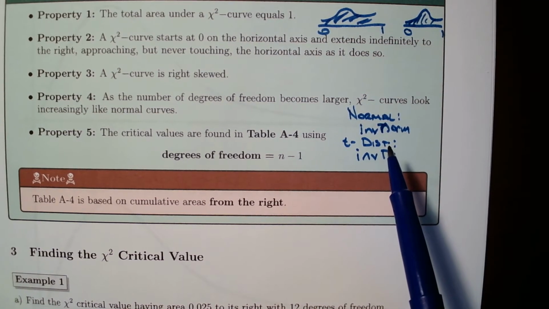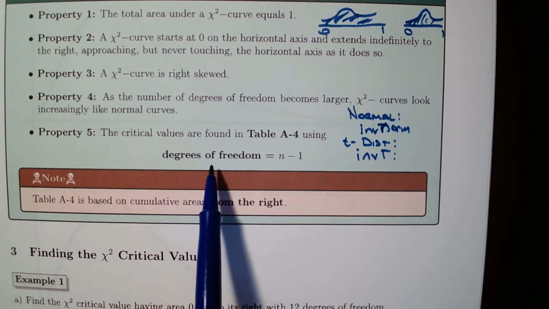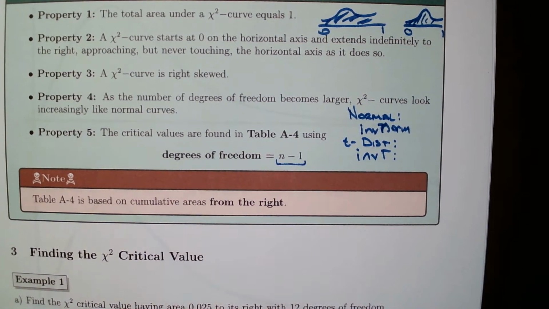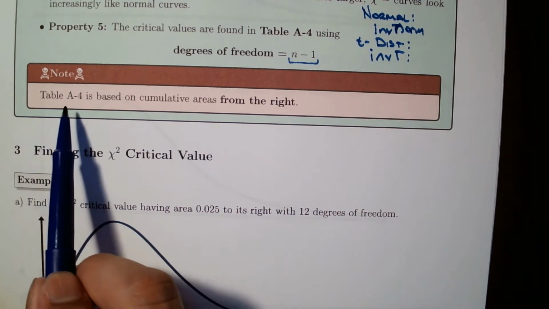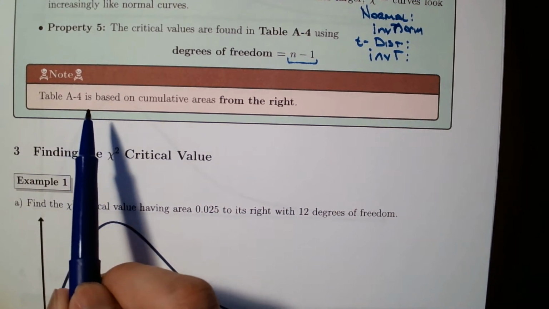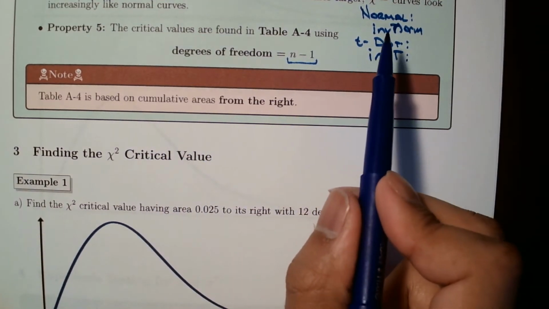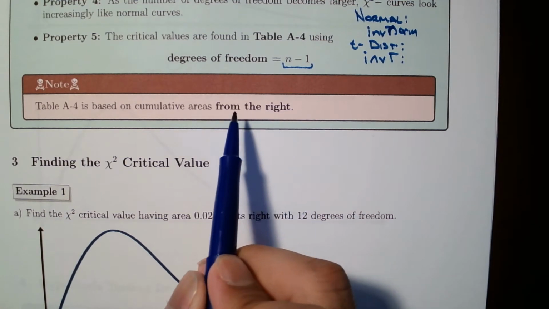So in this case, what we're going to use is a table of values, a table called A4, and the degrees of freedom is n-1, very similar to the degrees of freedom from the t-distribution. Now, a very important note: table A4, as opposed to the normal distribution and the t-distribution, comes from the right.